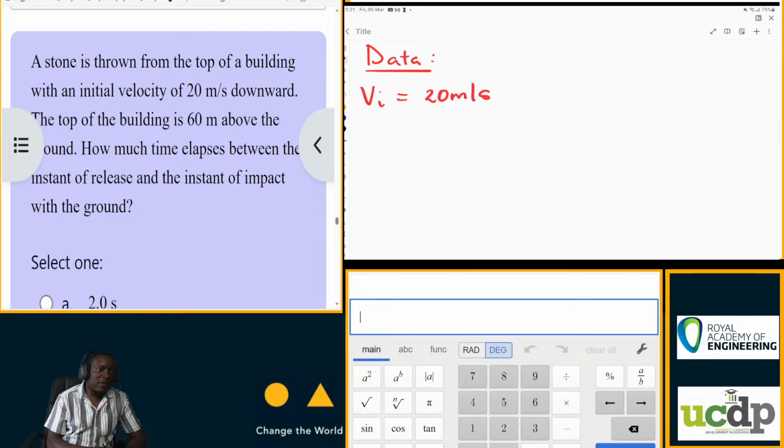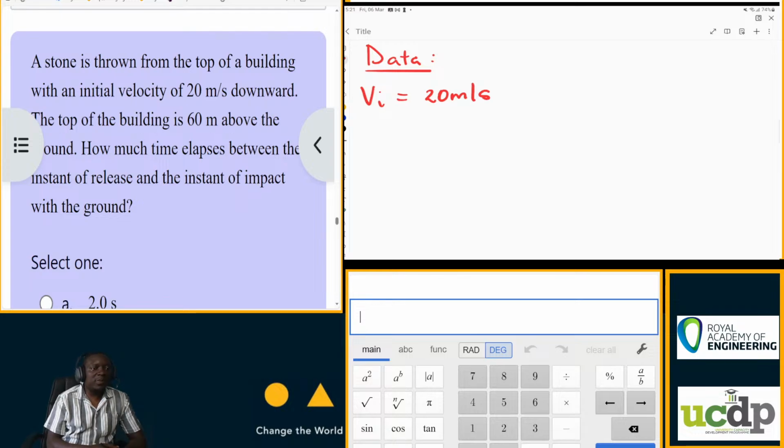In this case, we are considering the motion downward to be positive. Then the top of the building is 60 meters above the ground. So when we traverse this displacement downwards, it's going to be 60 meters in the positive from the initial point. So our reference still should be the upward position.